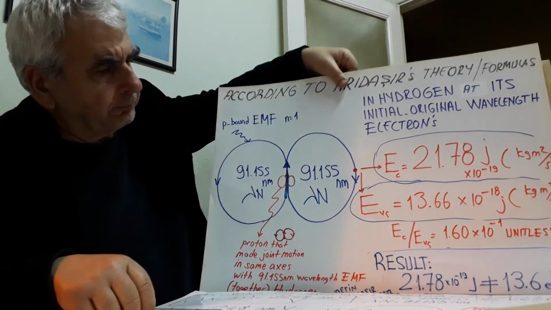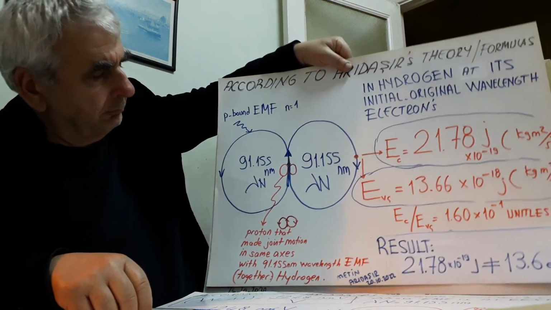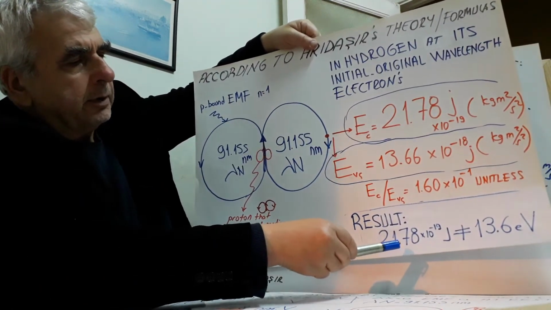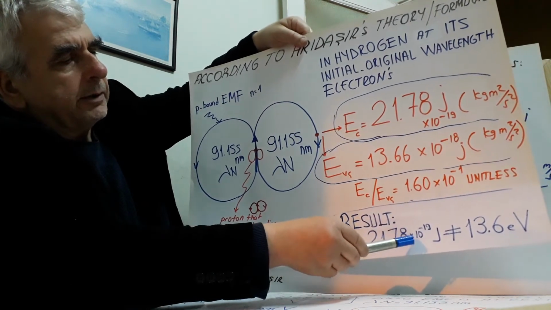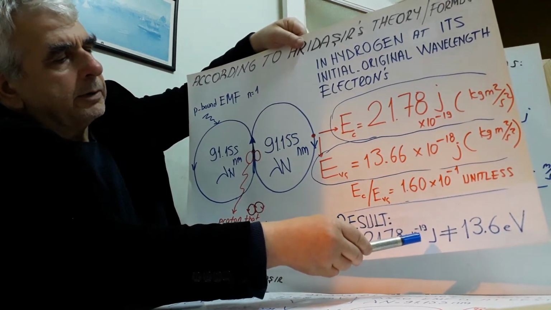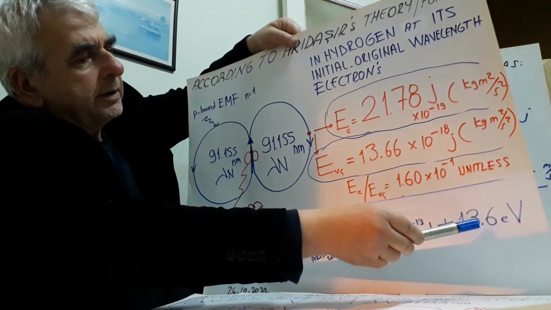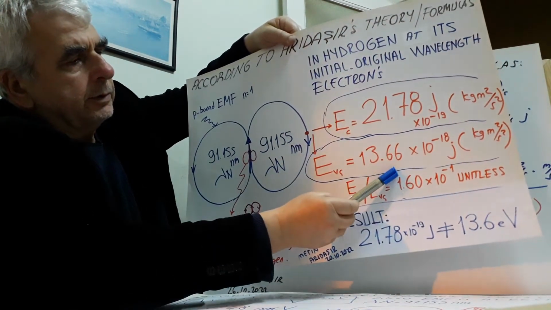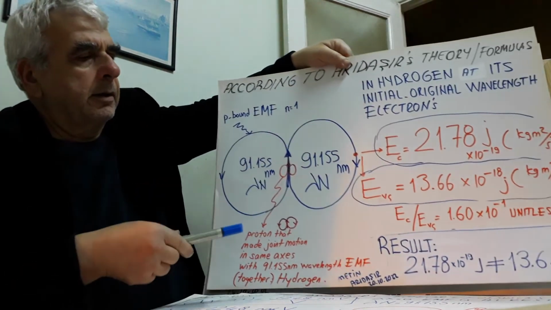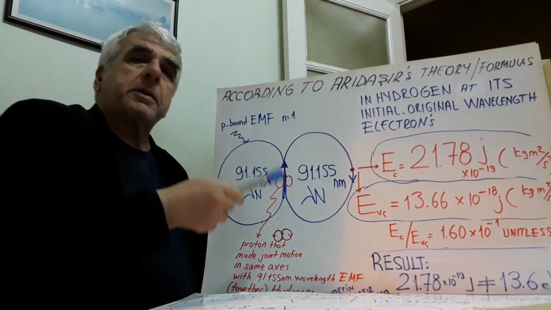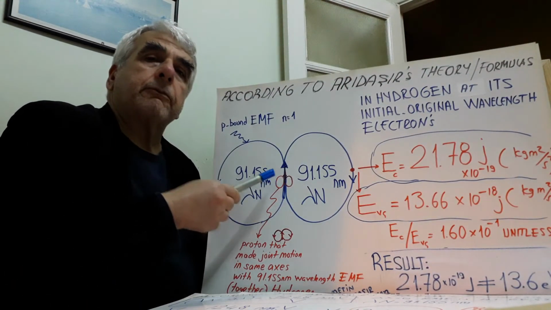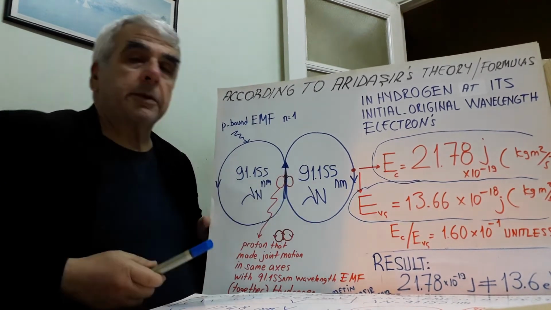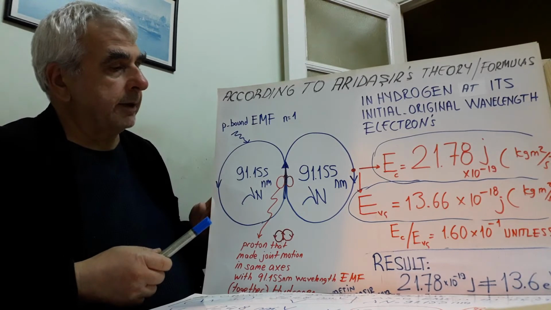Now, remember, this was the result: 21.78 10 to the minus 19 joule is not equal to 13.6 eV. This is the joule, this is the joule. There is no place for the electron volt unit in here in my theory, in fact.